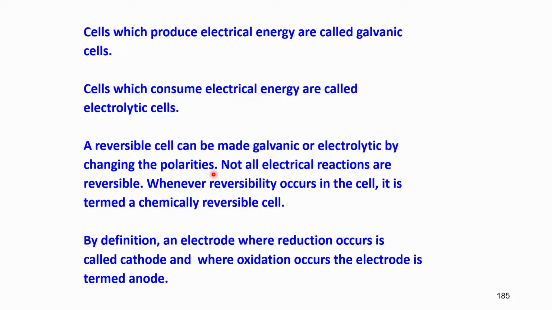So, cells which produce electrical energy are called galvanic cells. Very simple, try to remember this expression. And then I am writing one more sentence: cells which consume electricity are called electrolytic cells.